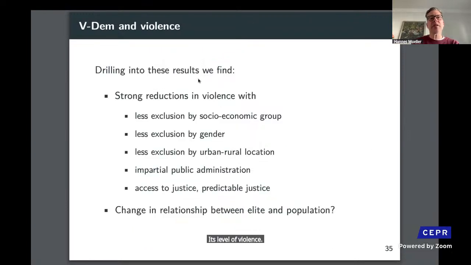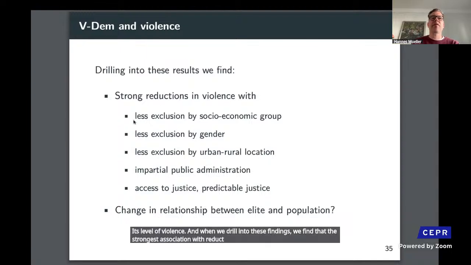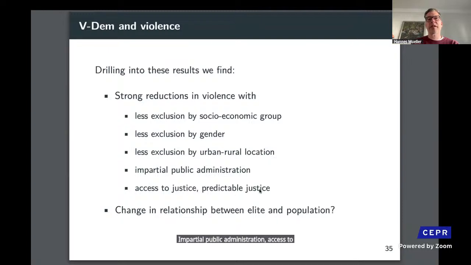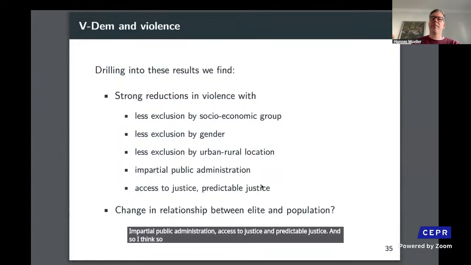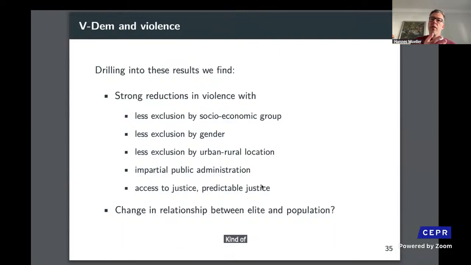And when we drill into these findings, we find that the strongest association with reductions in violence is coming from less exclusion by socioeconomic group, less exclusion by gender, less exclusion by urban-rural location, impartial public administration, access to justice, and predictable justice. Now these are correlations, but I think we can take these correlations and the causal effect from power sharing agreements in the short run, in the 12 months afterwards, and look at the long-term shifts in violence associated with these things.